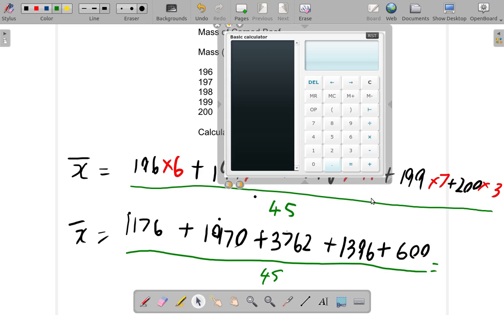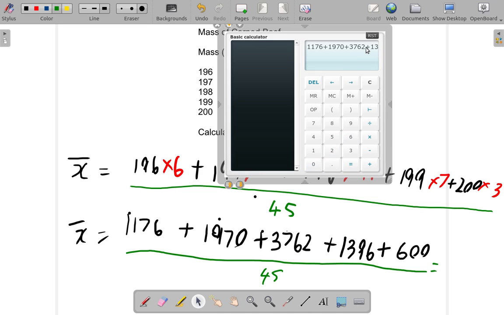So you add them up: 1176 plus 1970 plus 3762 plus 1396 plus 600.